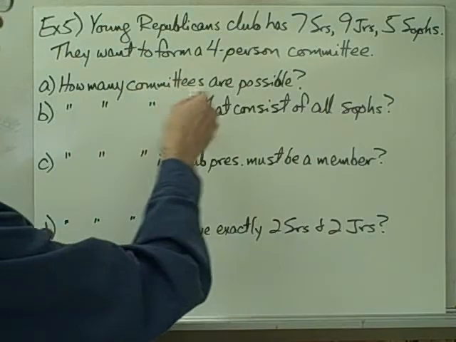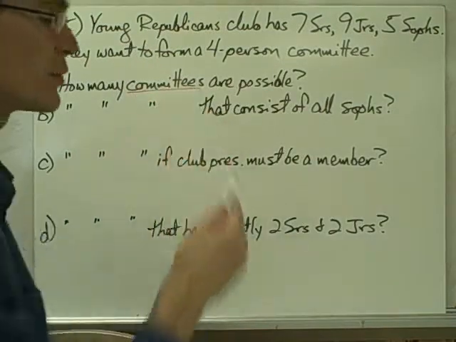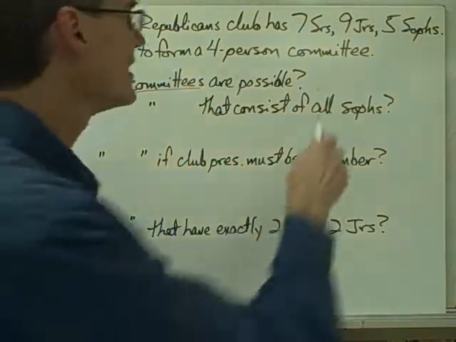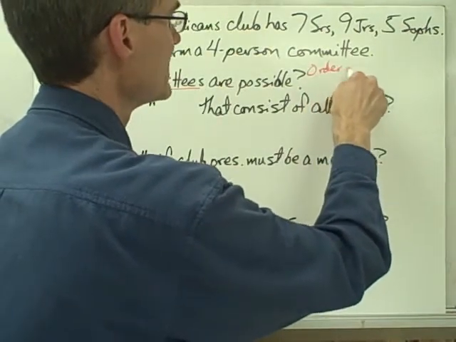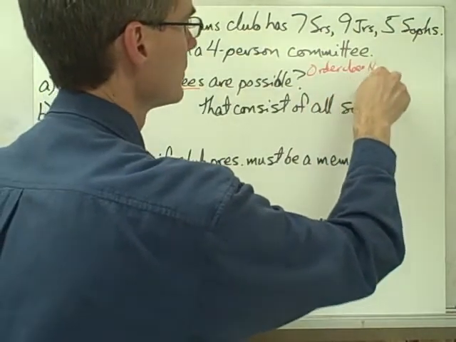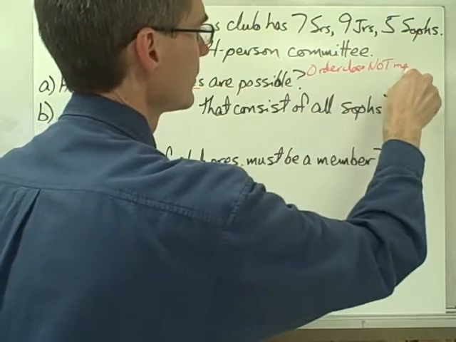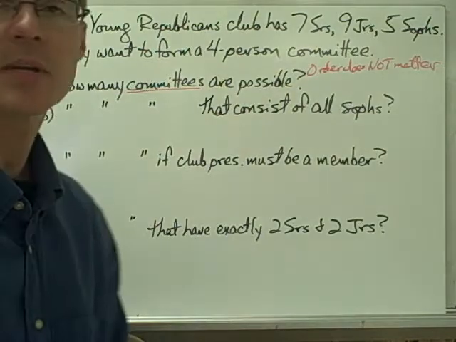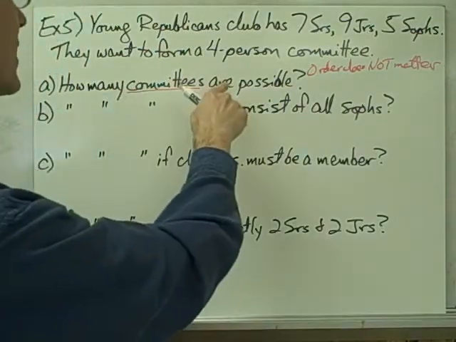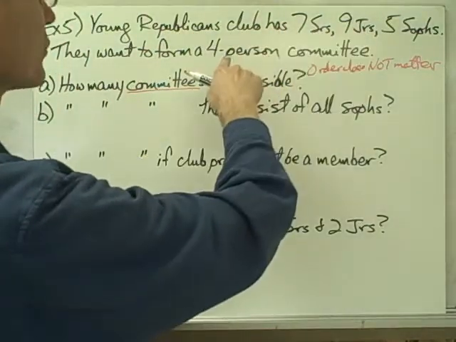Well, since I'm looking at committees, which means no officers, that means the order in which I choose people does not matter. Then I know I'm looking at a combination. So I just want to know how many committees are possible from my Young Republicans Club.